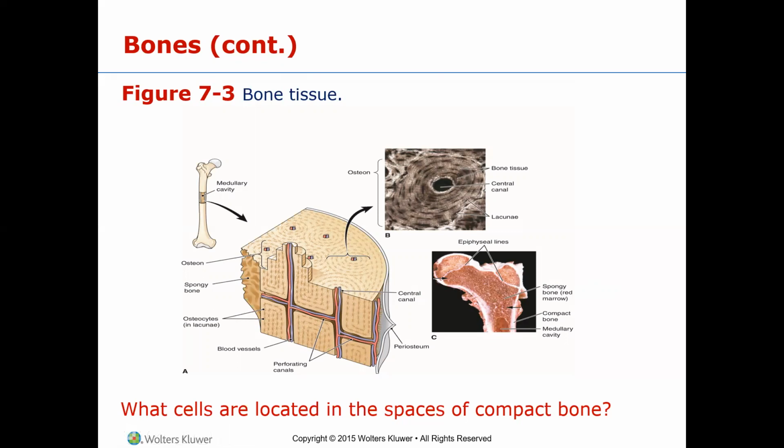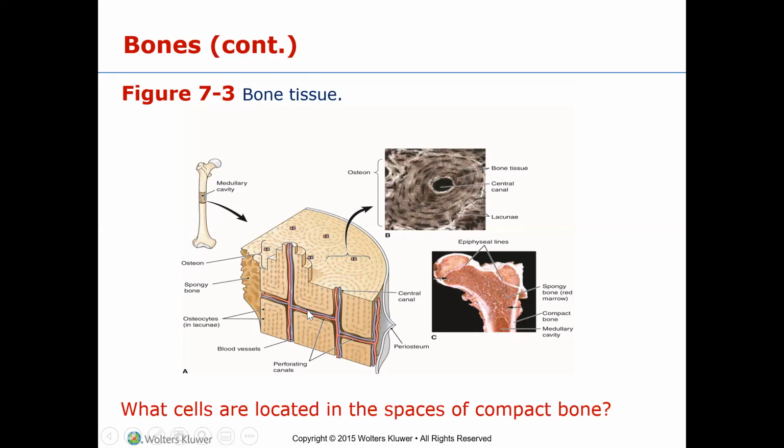cells. We have a central canal that is here and here, and if you note, there is an artery and a vein that run through that. And then from one osteon, and this is this circular portion here, which is forming the bone tissue itself, they are interconnected from one osteon to the next osteon by these perforating canals.